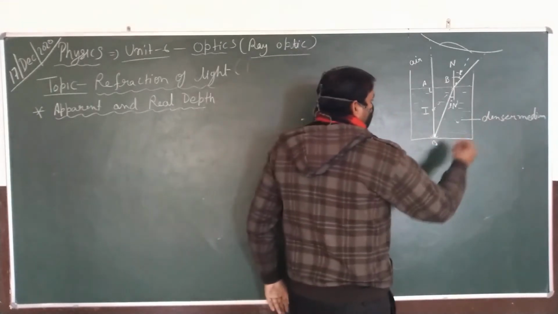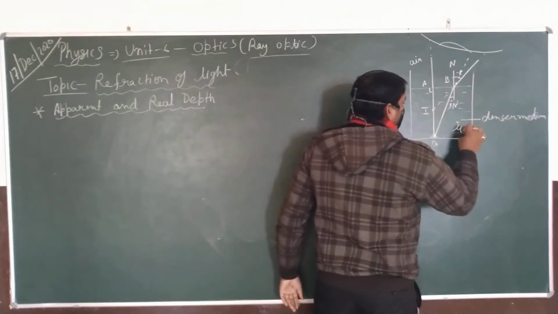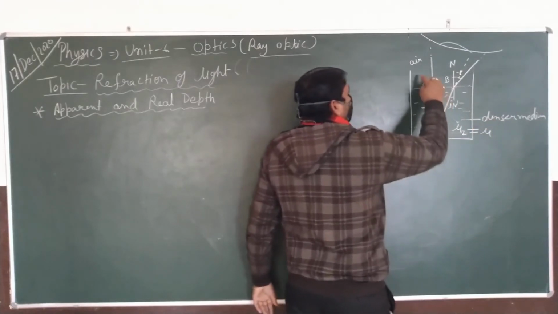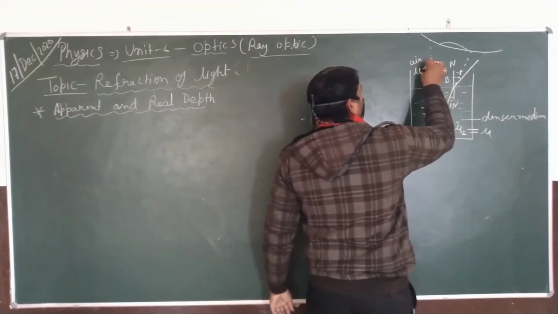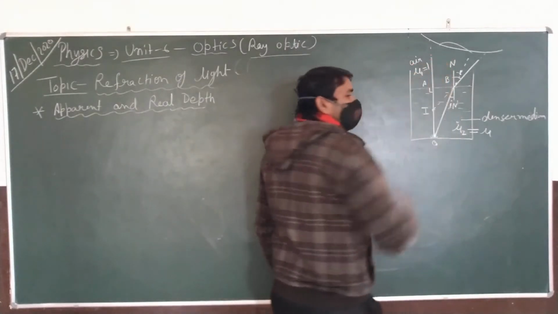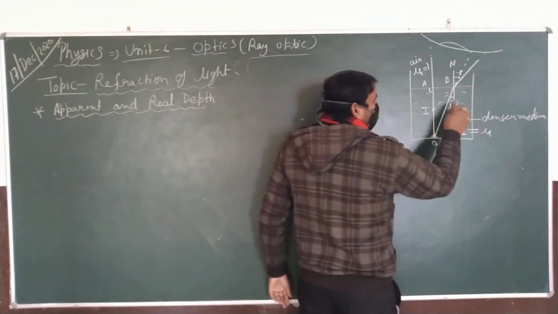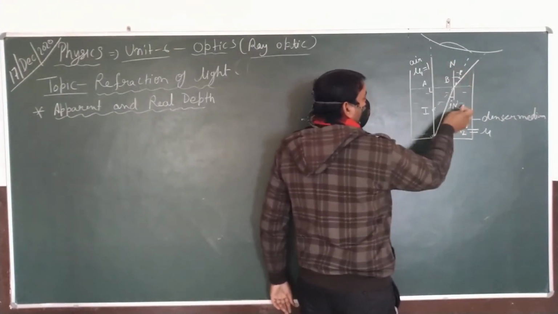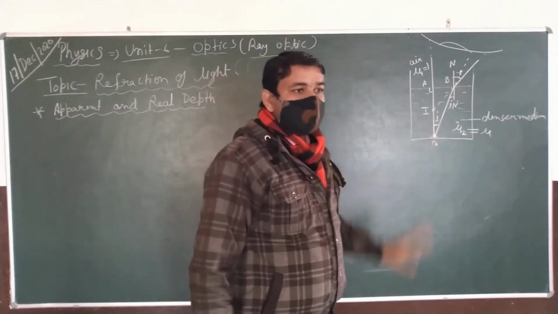Now let's say the refractive index of the liquid, the dense medium, is mu 2, which is equal to mu, and the refractive index of air is mu 1, and as you know the refractive index of air is about 1, so we are using it as 1 only. Now here OA is parallel to the normal MS, therefore this angle is also angle R, because these are alternate interior angles.